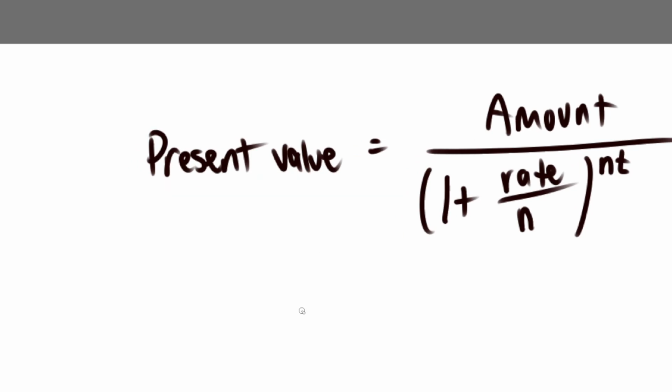When it's talking about present value, it's basically saying what is the lump sum that you need to invest initially. Yeah, you heard me say that word, lump sum. That's a really key word.